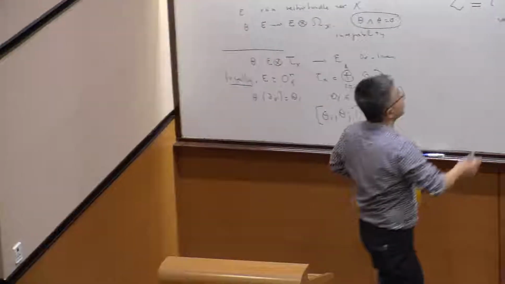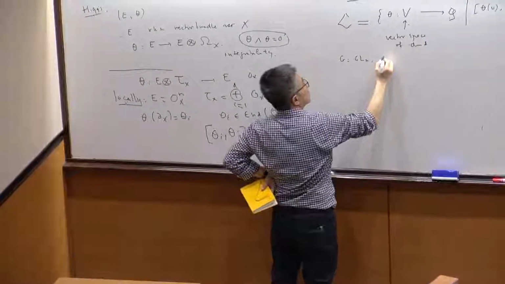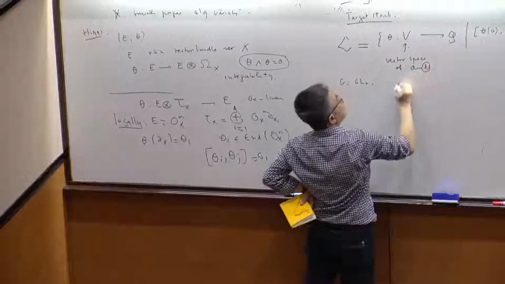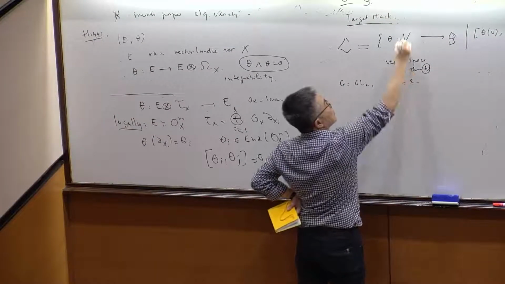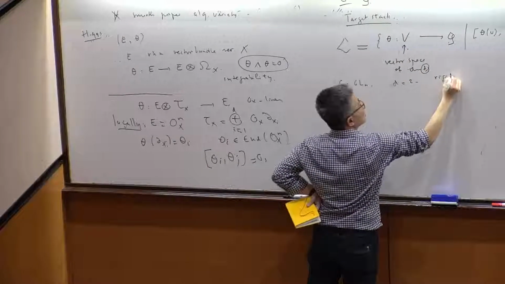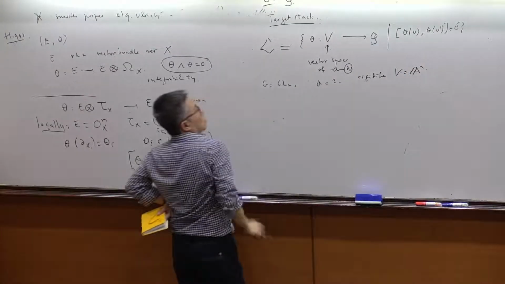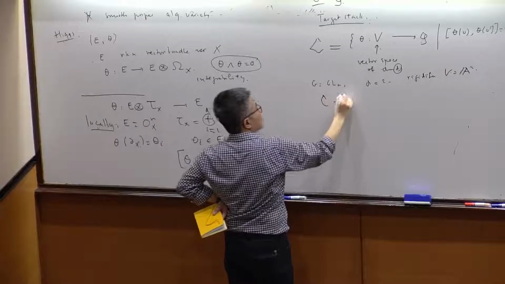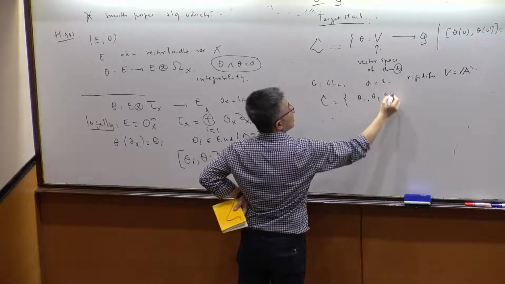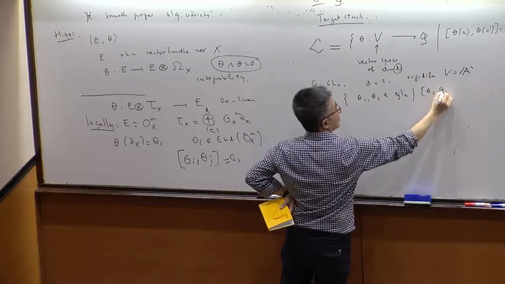So for example, if G is GL_n and d is 2, then if we rigidify V to be A^2, C becomes just (θ_1, θ_2) inside GL_n, just commuting matrices.